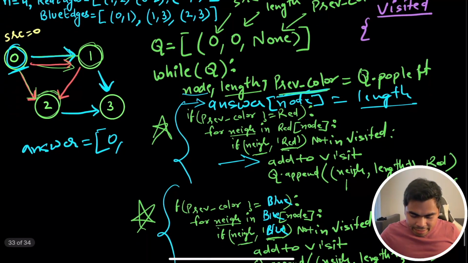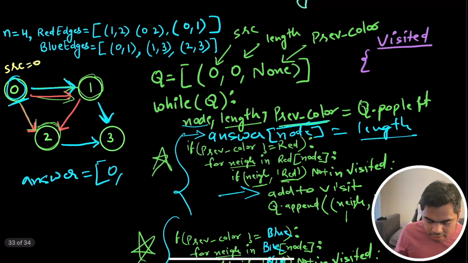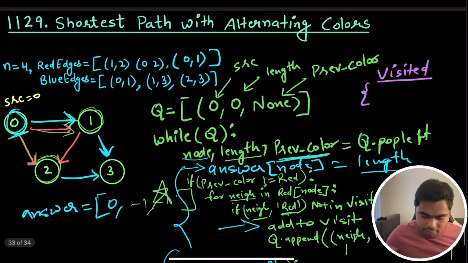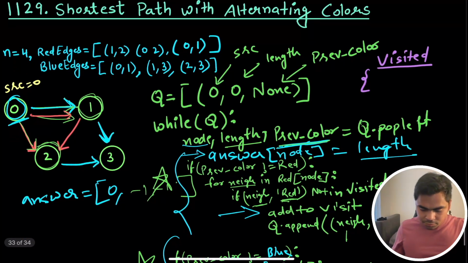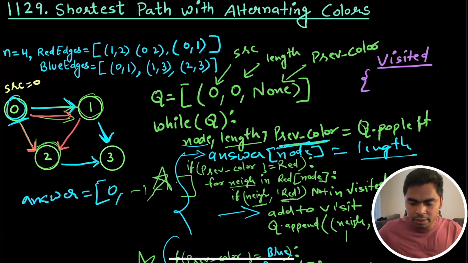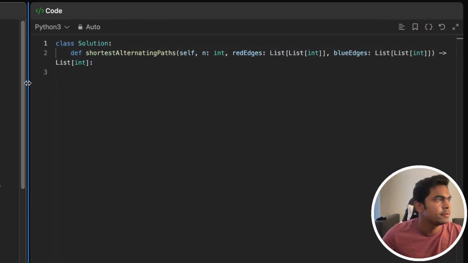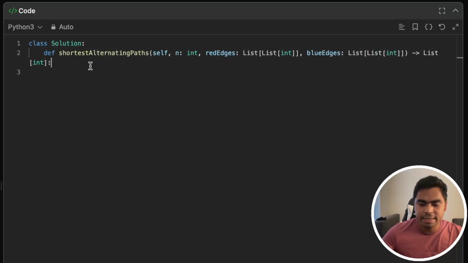So now at the end, after the pseudo code runs, it will fill up my answer. Basically, if it were not able to reach anywhere, initially we will initialize this with -1, and we will keep overriding everything. All right. So I guess it was easy to understand, and the code is simple, but it will be a lot of code, and that's because we have two edges arrays, and we're going to create red graph.